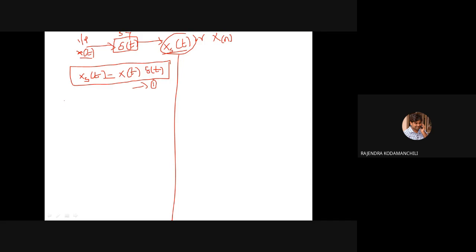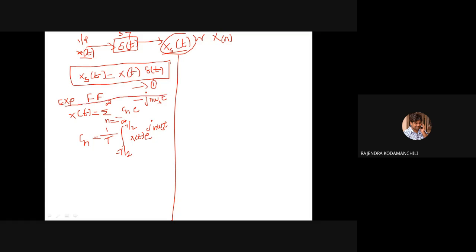So we know the Fourier series. I try to consider the exponential form of Fourier series: x of t is equal to sigma n is equal to minus infinity to infinity Cn e power minus jn omega st, where Cn is 1 by T integral from minus T by 2 to plus T by 2 of x of t e power jn omega st. Here it is called the exponential form of Fourier series.